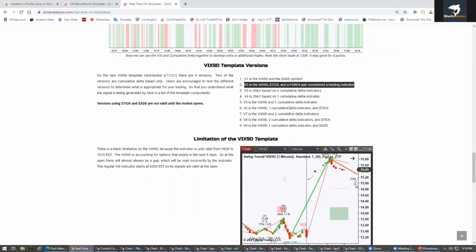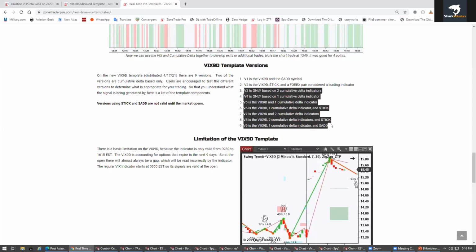There's sometimes 5 or 6 different charts that BloodHound is looking at and making a decision whether or not we're going long or going short. And that's a lot of information that BloodHound does the crunching of the numbers for.